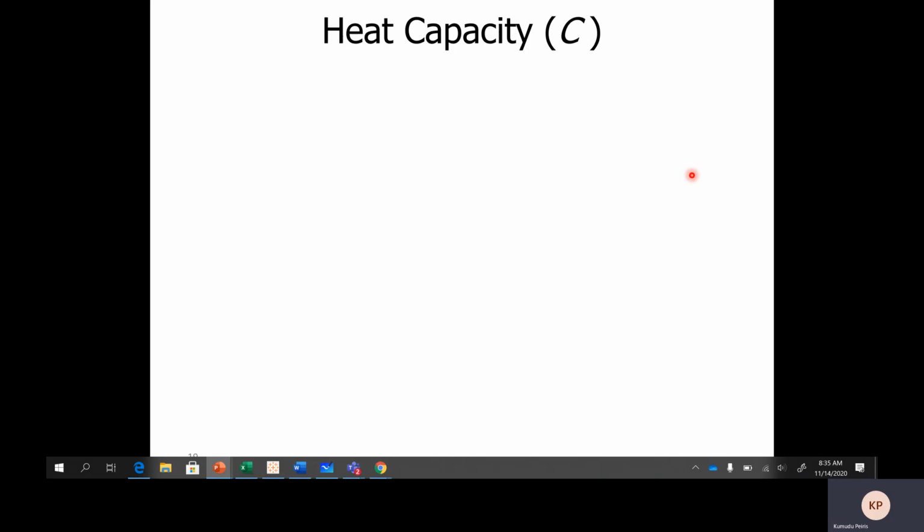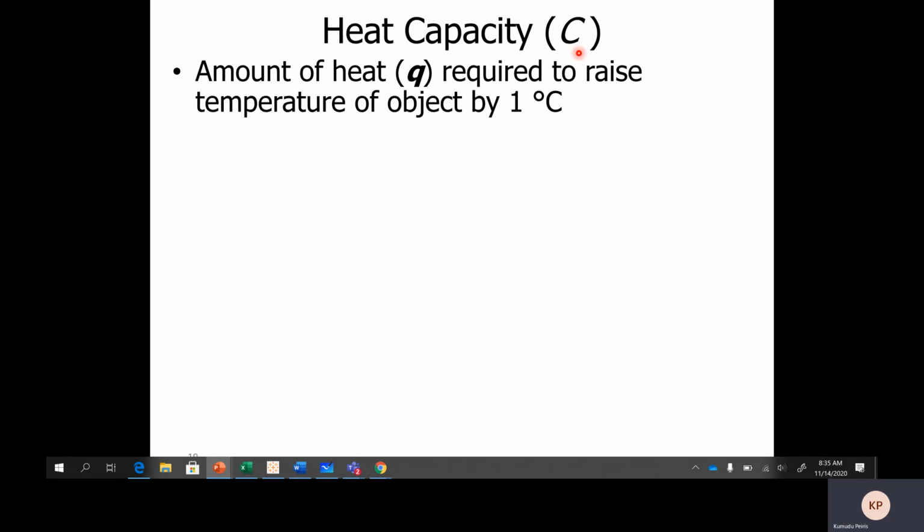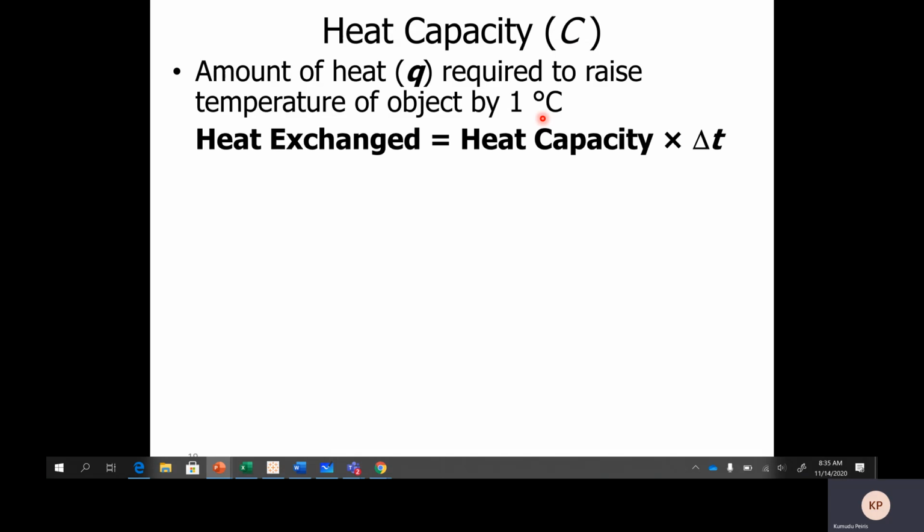Let's define the heat capacity, which is abbreviated by the uppercase C. That is defined as the amount of heat required to raise the temperature of an object by 1 degree of Celsius. So the heat exchange equals the heat capacity multiplied by the temperature change.